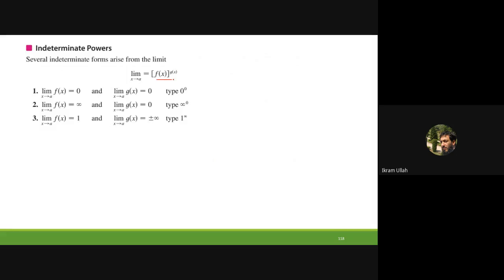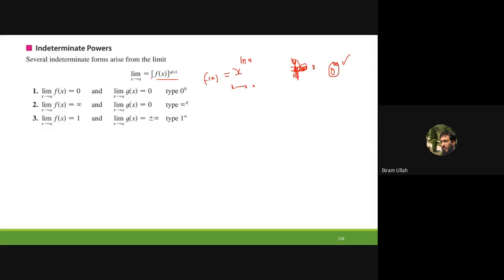For a function like x raised to the power ln of x, where f of x is x, and the limit as x approaches 0, here it will be 0 raised to the power infinity, because ln of 0 is infinity and x is equal to 0. So it is a 0 raised to the power infinity form.